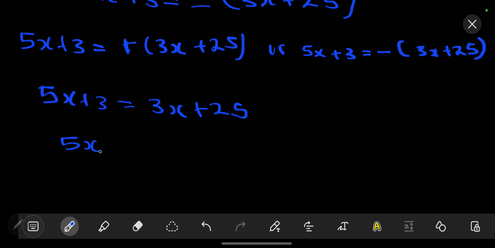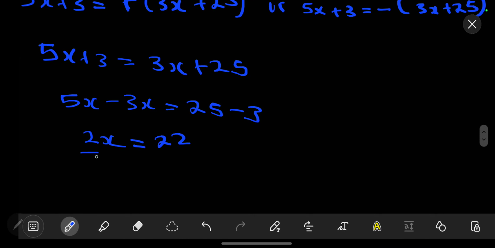So we have 5x minus 3x equal to 25 minus 3. So 5x minus 3x gives us 2x, equal to 25 minus 3, which gives us 22. Then we divide by 2 over 2. Our x is equal to 11. So we have found our value, which is 11.